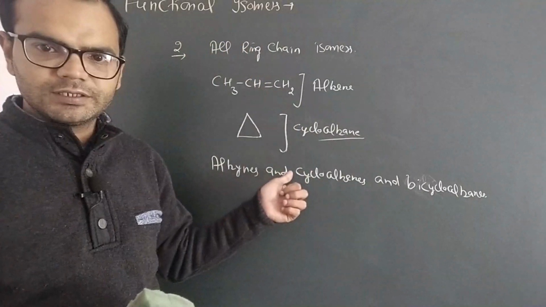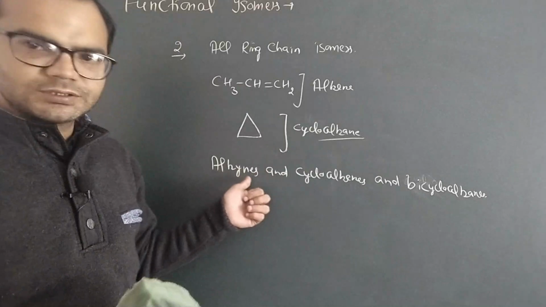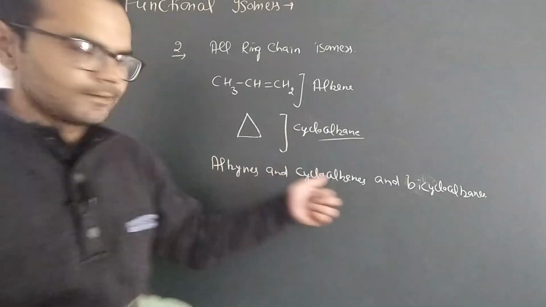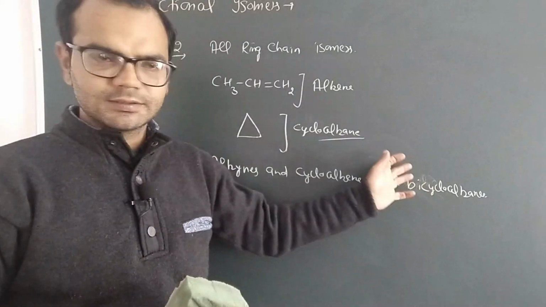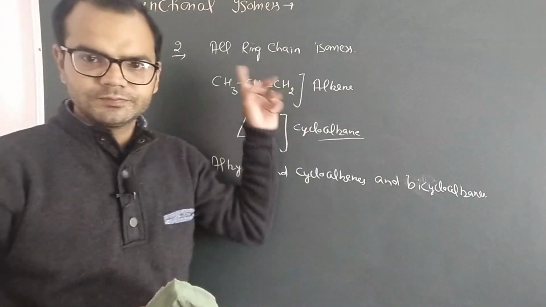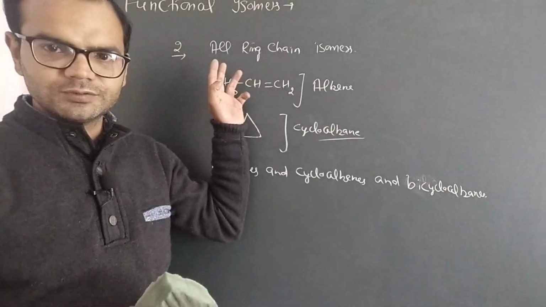They have different characteristic properties. They show the characteristic properties of alkyne, alkene and bicycloalkanes. So all ring chain isomers are functional isomers. That is the important conclusion.